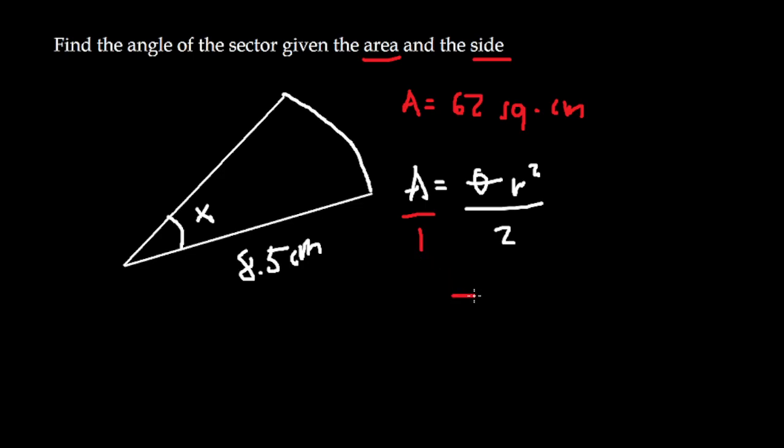Since fraction siya, we can cross multiply. So, 2 times A is 2A. Then 1 times theta r squared is just theta r squared. Now, this time, we want to isolate theta kasi yun nga yung hinahanap natin. So, we can isolate it by dividing both sides by r squared. So, this 2 cancels out.